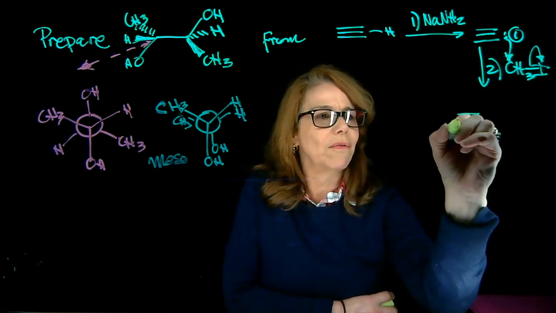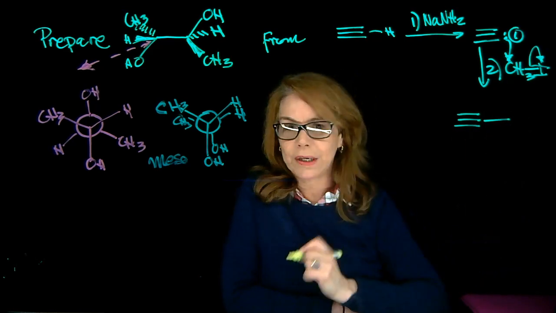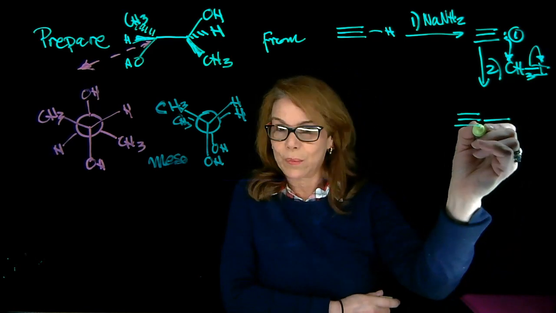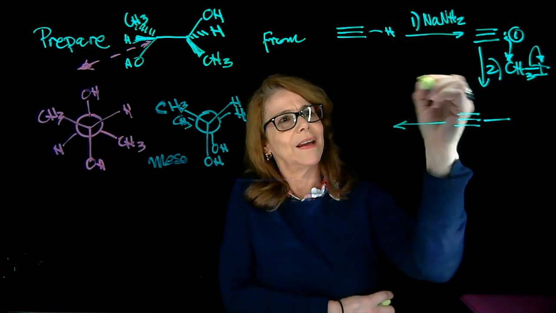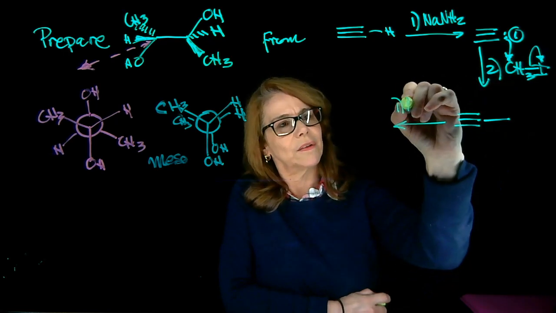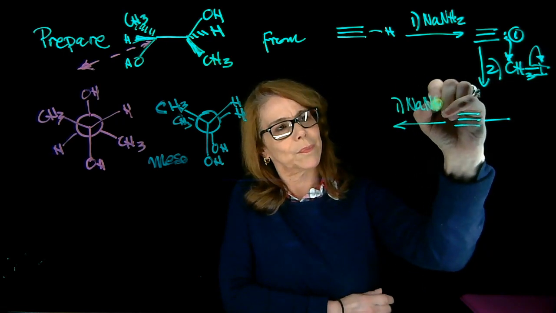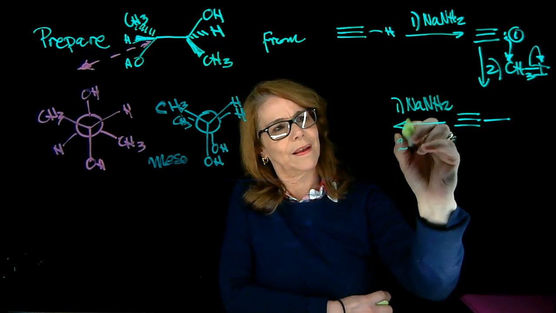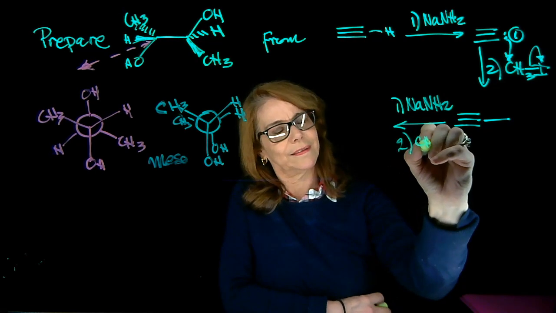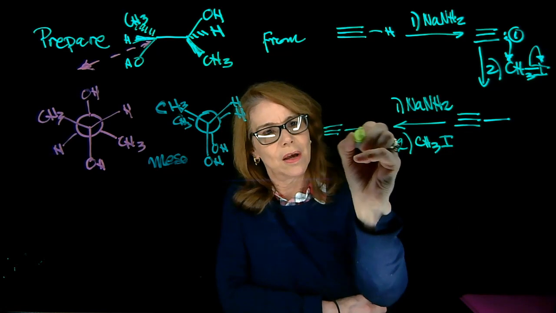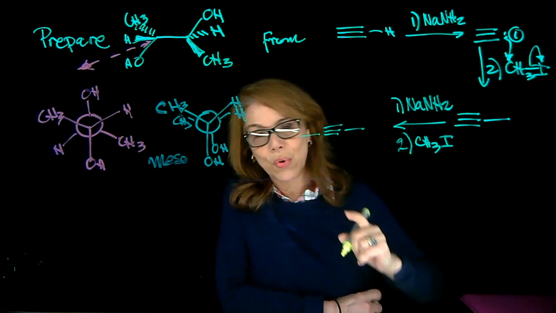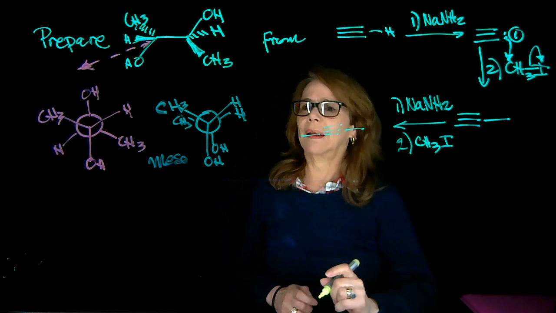So now I have already 3 carbons. If I need to add 1 more, we're going to repeat the process. So I'm going to draw that over here. Again, we're going to be using sodium amide. And this time I'm going to draw it directly. It's the same process, an alkylation, and I will now have 2-butyne.